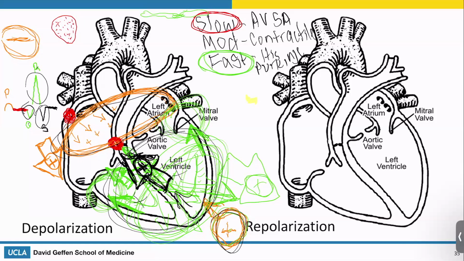And if the atrial repolarization is happening at the same time the ventricular depolarization is happening, it's going to measure the ventricular depolarization, that bigger force. So the atrial repolarization gets lost in that QRS complex. You probably will not see it unless it happens a little bit early or late, and you see it outside the QRS complex, but most of the time it'll be lost in that QRS complex.